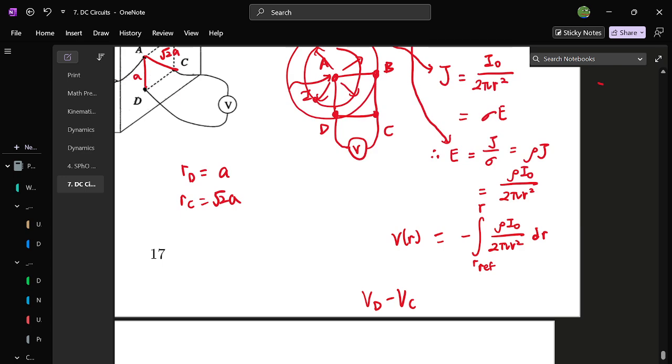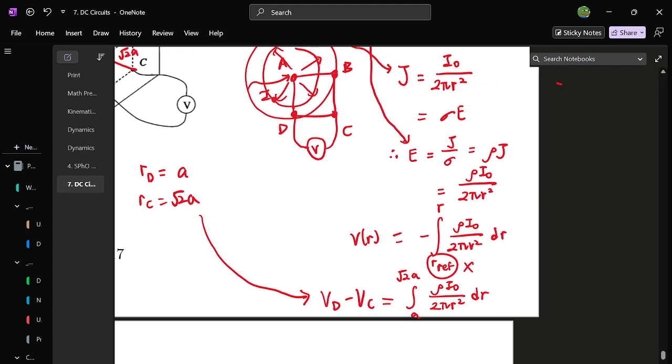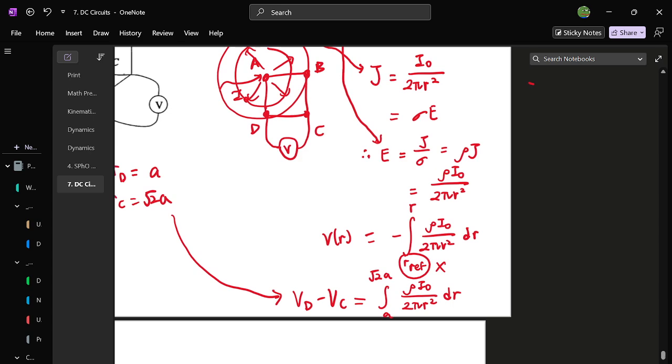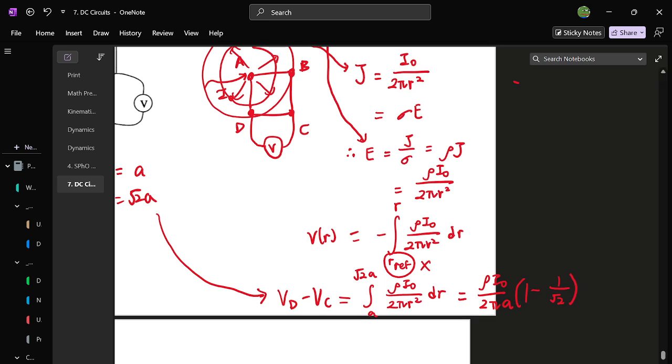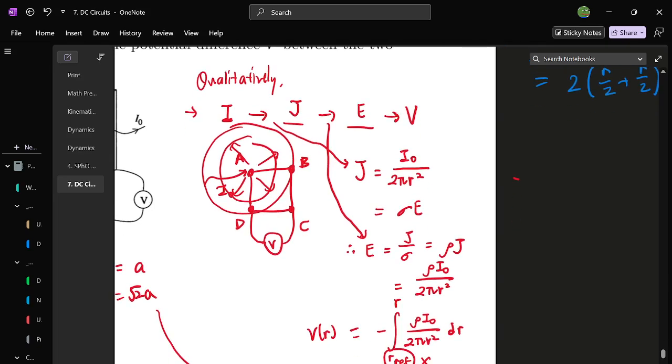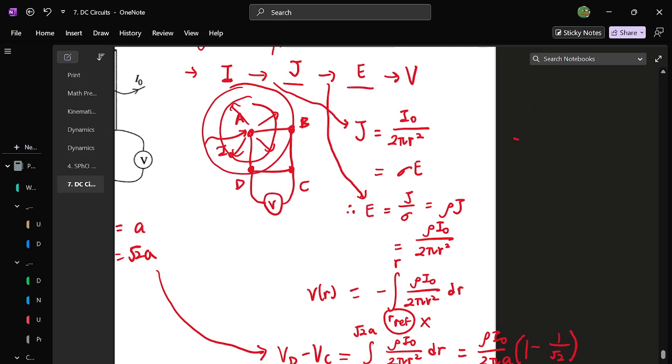Actually, we don't have to care about what the reference is, it doesn't matter. This is simply this, because you have your two endpoints that you want to compare your potential for. So what you can do is just evaluate this. You should get this. So that's your VD minus VC contributed by the current I naught entering A.